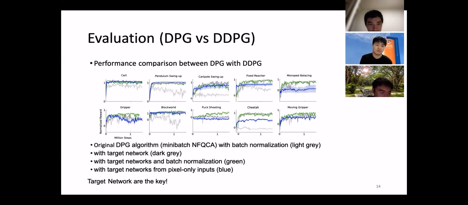We can see that in most of the games, almost 9 of 10, DDPG performs much better than DPG, and so the authors summarize that the target network is the key feature for improvement.